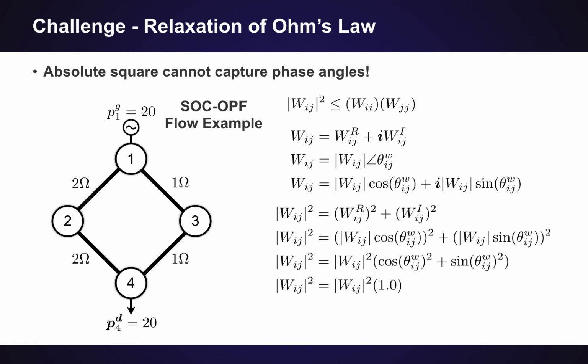So you should see less going down the left path and more going down the right path because there's less resistance on the right path. But this relaxation allows you to send an equal amount of power on both paths, or actually send more down the more resistive path, because it doesn't capture the information about the phase that is around this cycle.